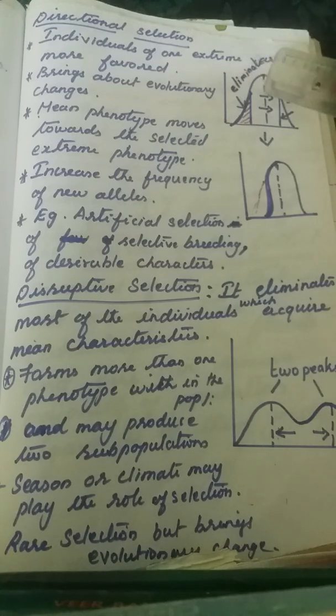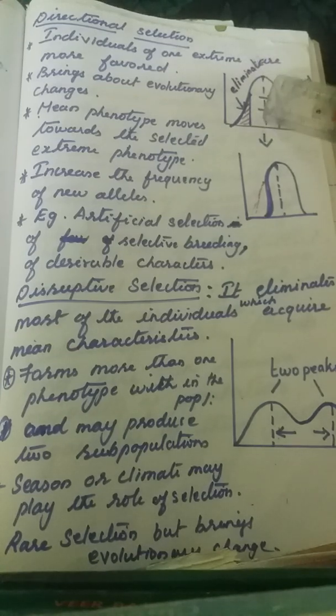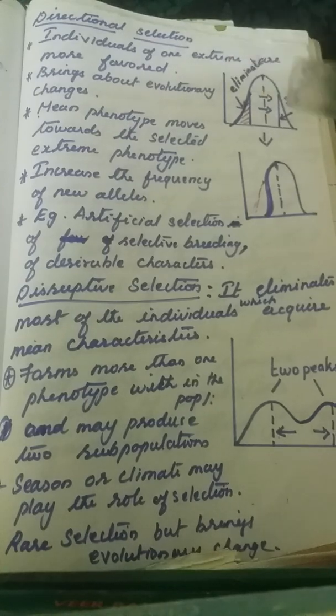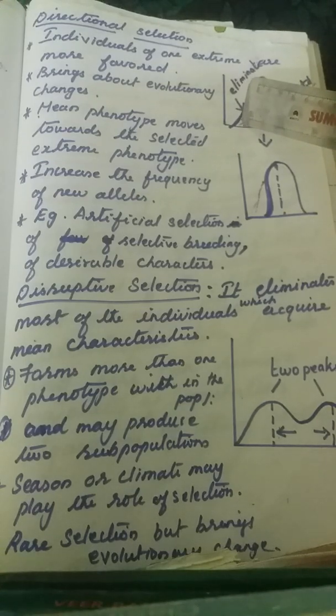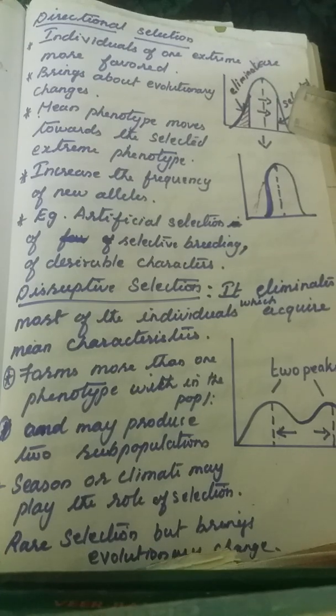The organisms in the middle, with mean values, will gradually move towards the periphery and adapt to the characters of the organisms of the selected extreme.